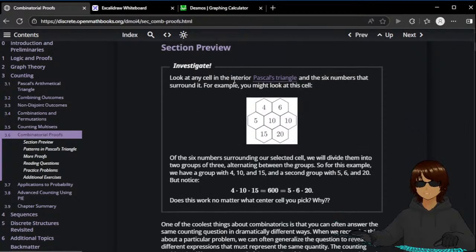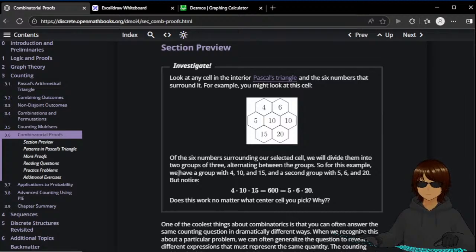Look at any set in the interior of Pascal's triangle and the six numbers that surround it. For example, you might look at this cell: 4, 6, 5, 10, 10, 15, 20. All the six numbers surrounding our selected cell. We will divide them into two groups of three, alternating between the groups.